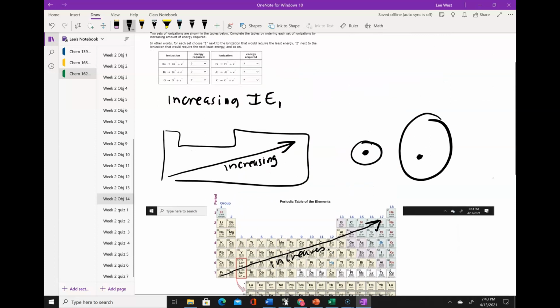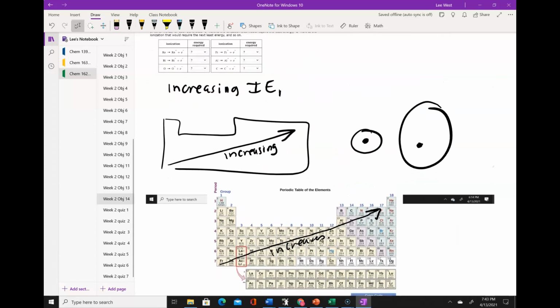Okay, so our first 3 elements were radium, Ra, bismuth, which is way over there, and then oxygen, which is underneath my arrow there. So it increases as we go this way.